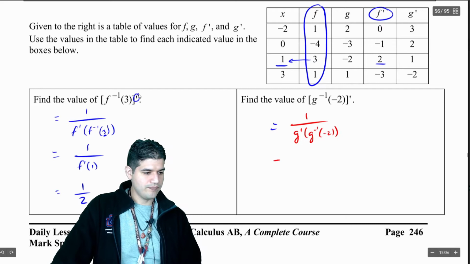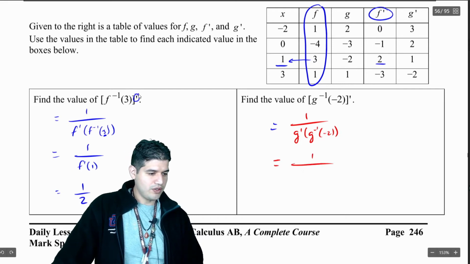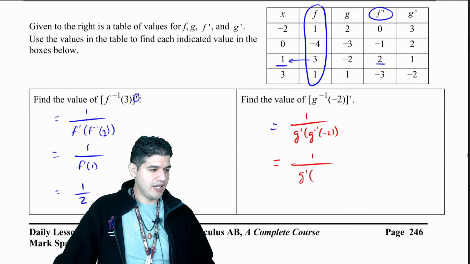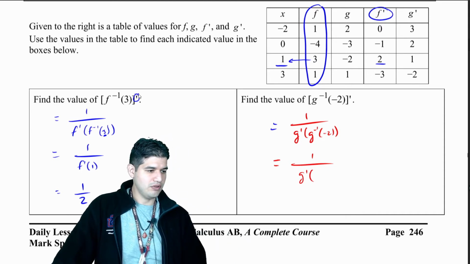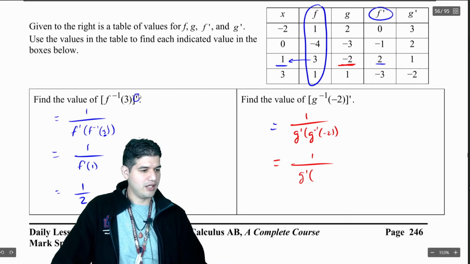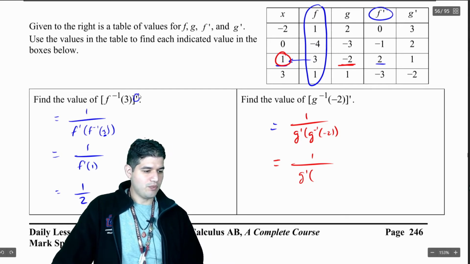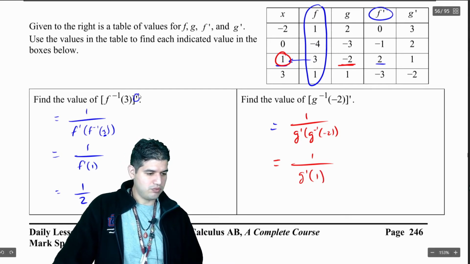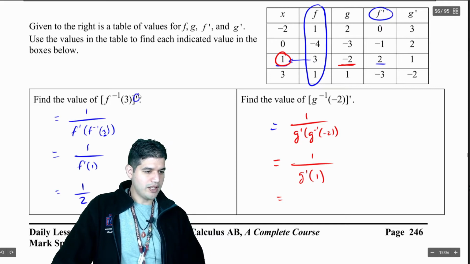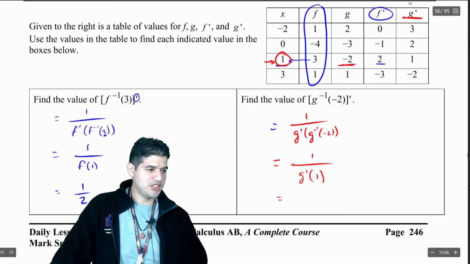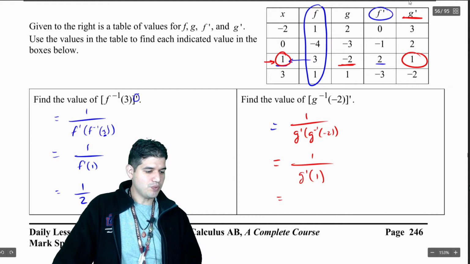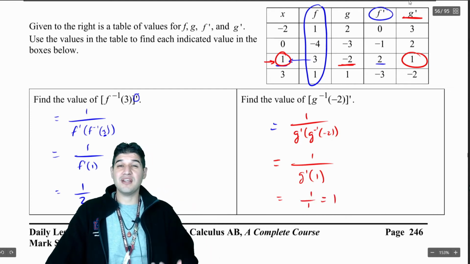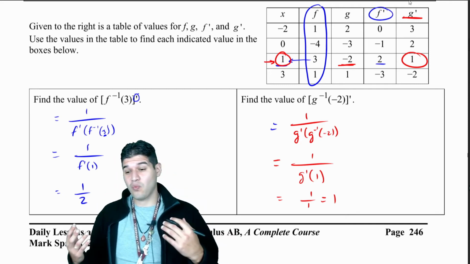I'm looking at g, and I found a -2 right there. And so I'm looking again at that 1, so g prime of 1. Here's the 1, now I'm coming over to g prime, and that's equal to 1. So I get 1 over 1, which is equal to 1. So that derivative comes out to be exactly 1 here.